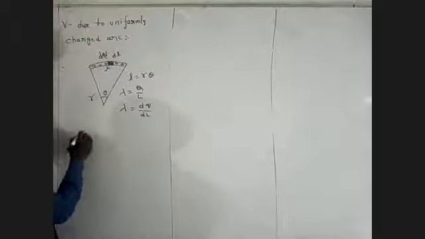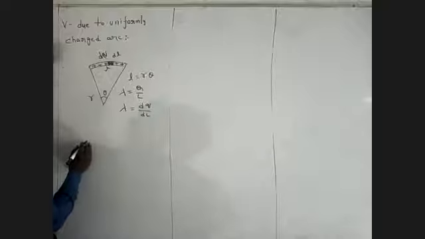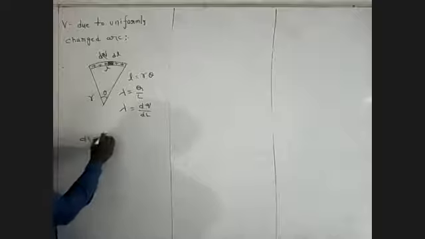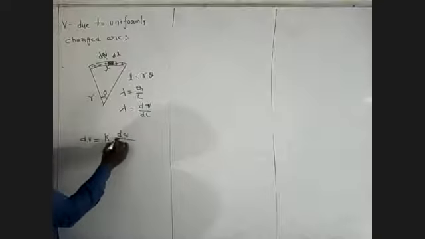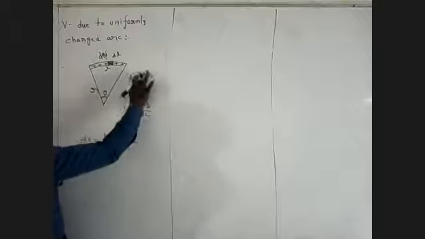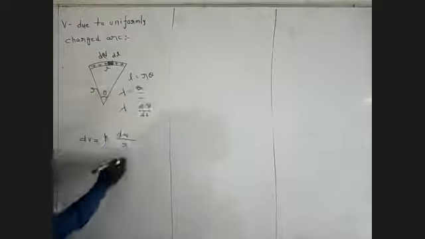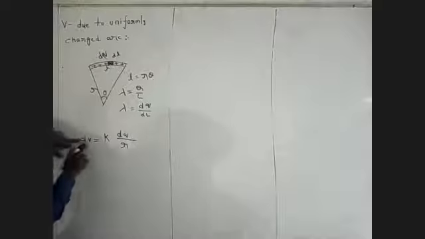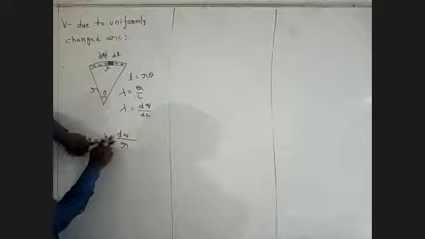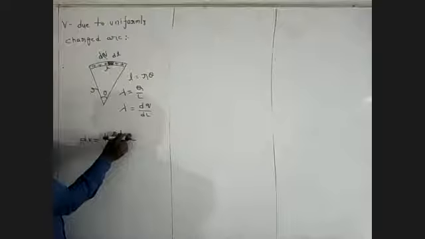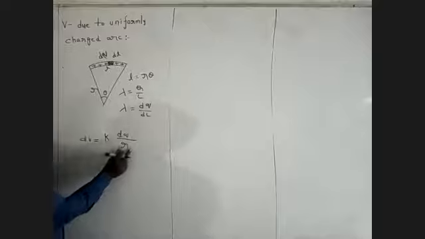So electric potential: dV is equal to k into dq by r, where r is the radius. So dV, the small electric potential, is equal to k dq by r, with a small charge and radius r.